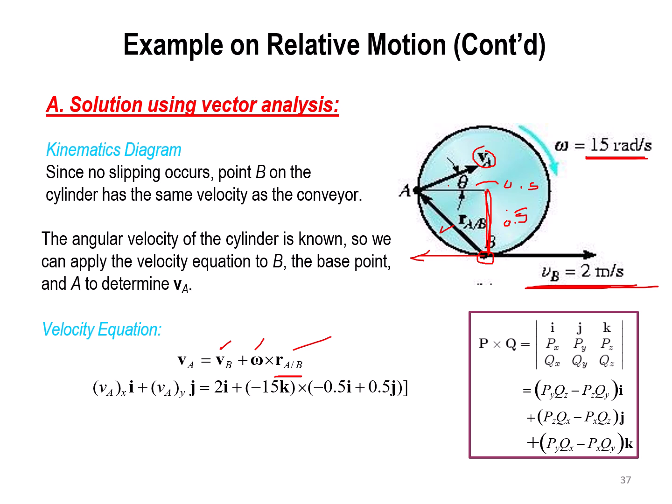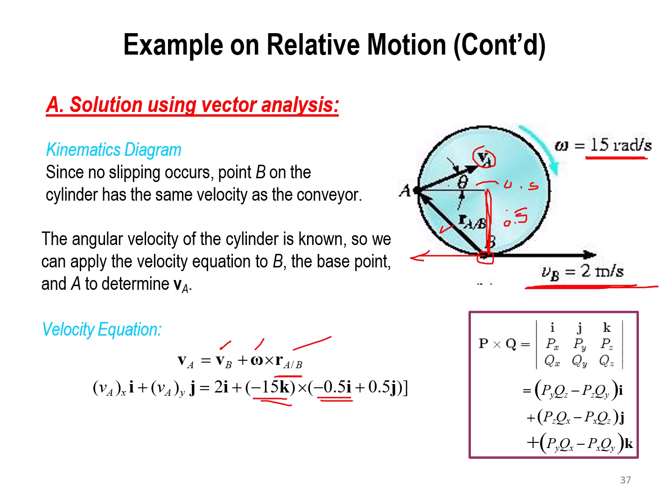Now we have this in, and then we can apply the multiplication process for the vectors. So we have here minus 15k times minus 0.5i.